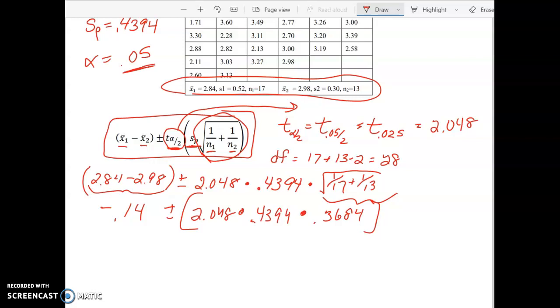So when we multiply this out, we get negative 0.14 plus or minus 0.332. Alrighty. So the actual interval, so you subtract 0.332 from negative 0.14, you get a negative 0.472. And on the other end, when you add it, you get a positive 0.192.